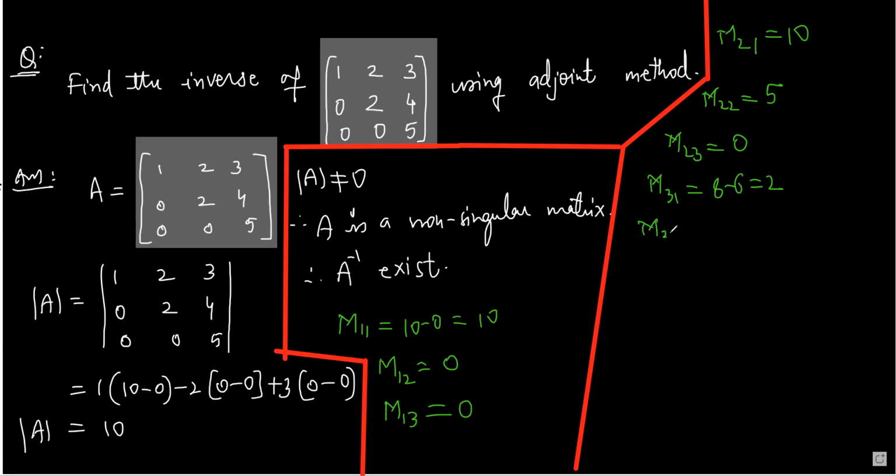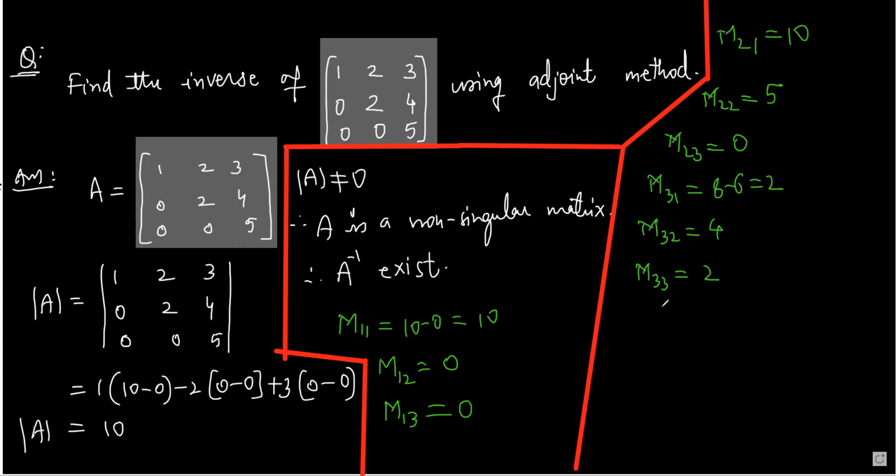Then you have M32. What is M32? This is 3 and 2, so 4 minus 0, that is 4. Then M33 is 2 minus 0, that is 2. So you got these elements.